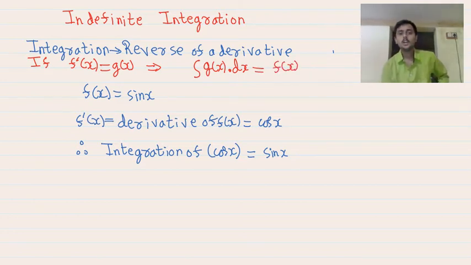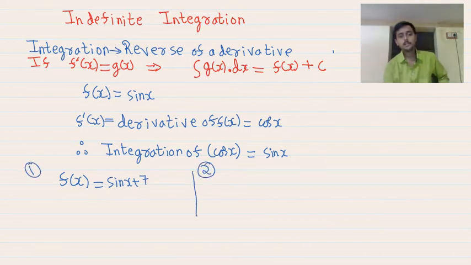Now, whenever we write the equation with respect to integration, we always write a plus c with this. Why do we use a plus c? Let us assume there are two examples, sin x plus 7 in the first case, and let us see the second example where we have a function sin x plus 8.